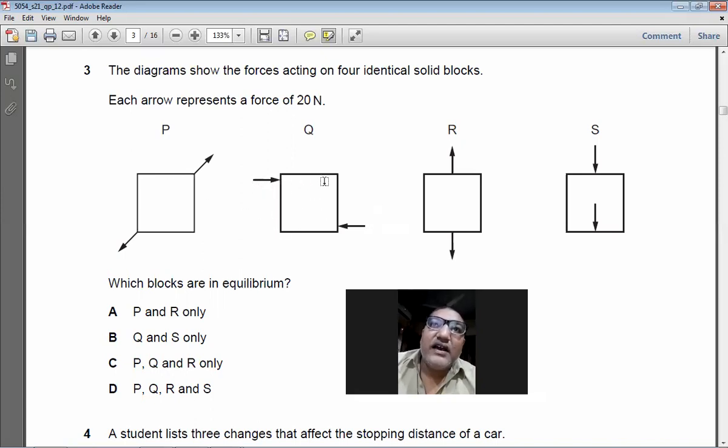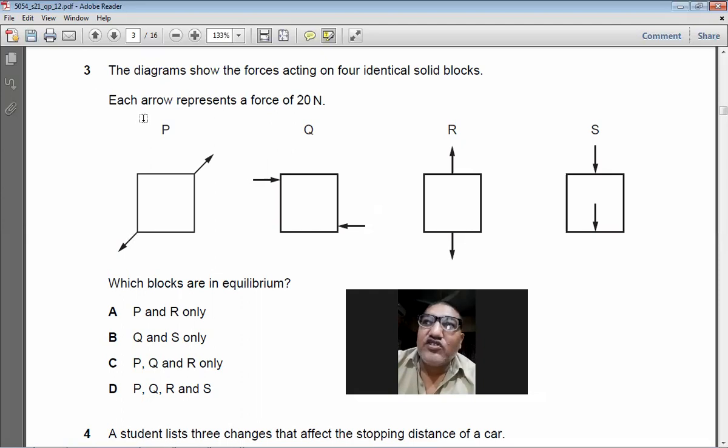Here, the line of action is not the same, so they will rotate this body. So P is in equilibrium, and in R the forces are in opposite directions, acting on the same body with the same line of action, so they cancel out each other and the forces are balanced. Here, both forces act in the same direction, so they do not cancel out.